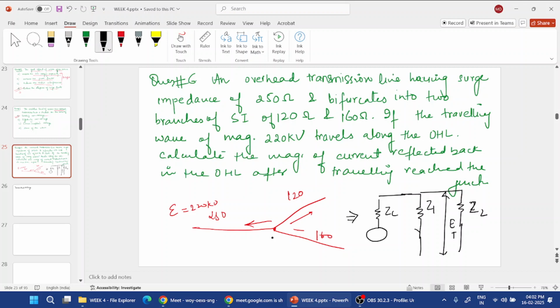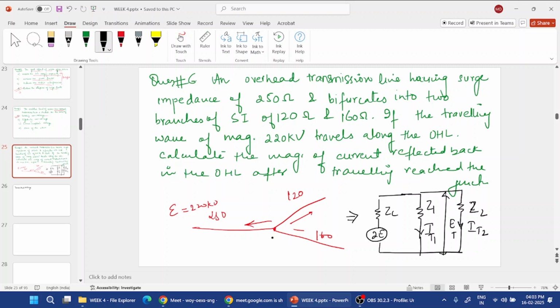The transmitted current in this branch is IT1, and in the other branch IT2. This is the equivalent circuit of the branch.